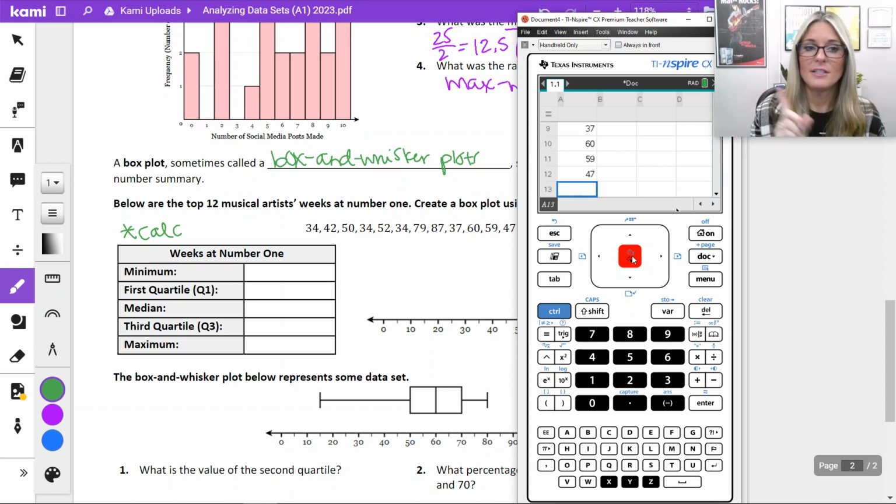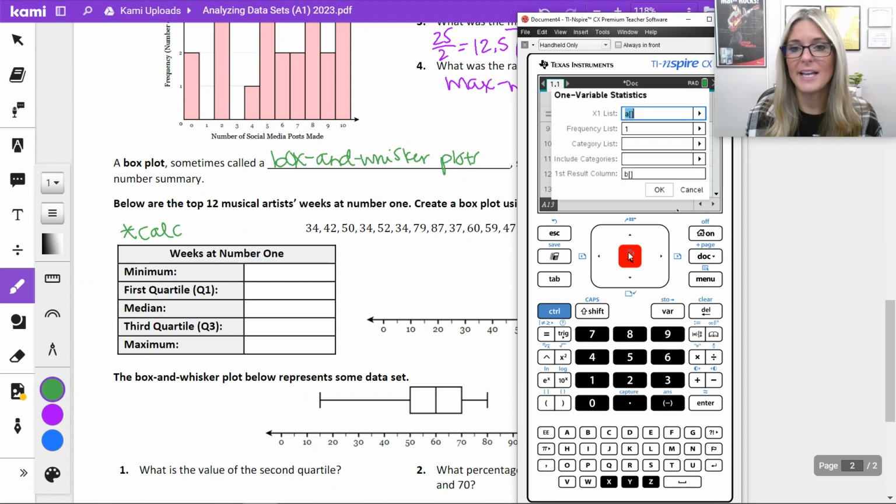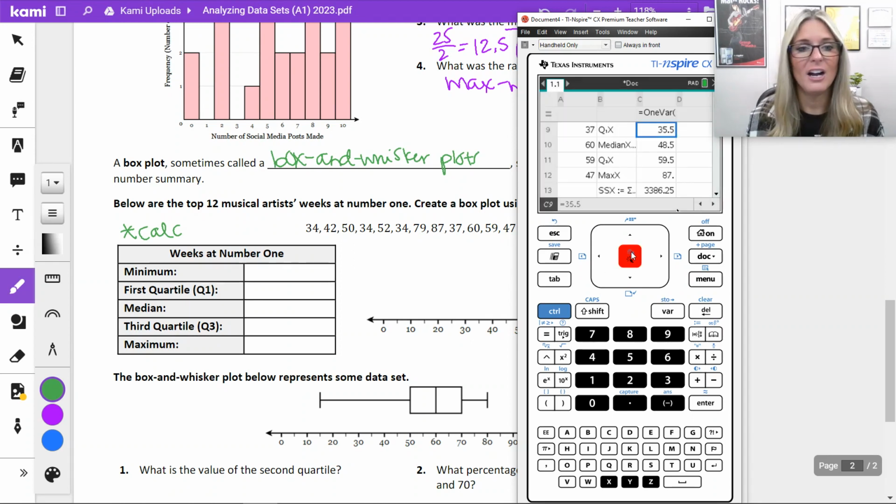It said the top 12 musical artists. Looking at my column, it says that my 12th value is 47, so I entered all 12 there. We're going to go menu, statistics, stat calculations, one variable statistics. This is all okay. Use that tab key to get you to the OK button. All right, minimum value, arrowing up.